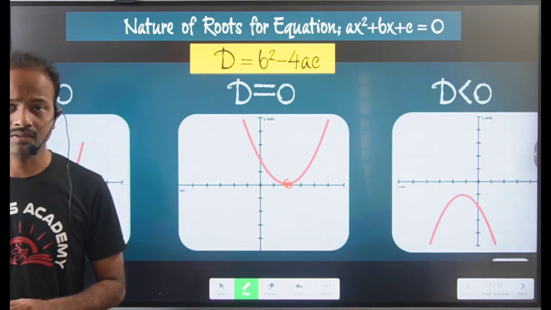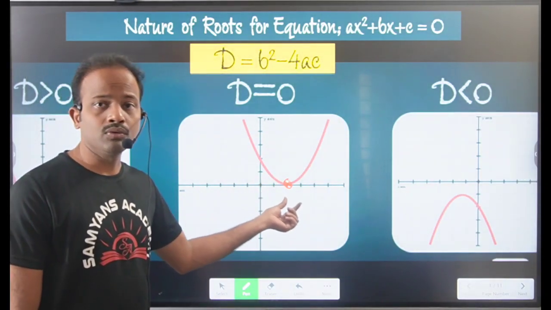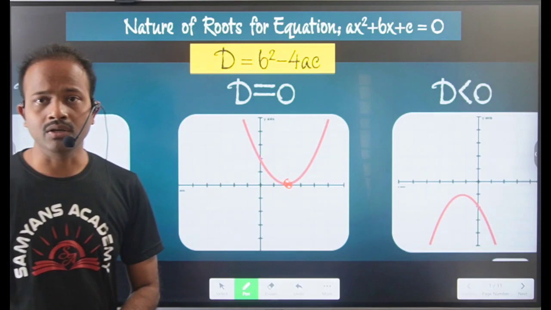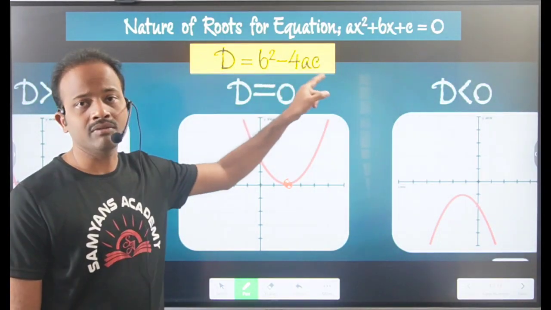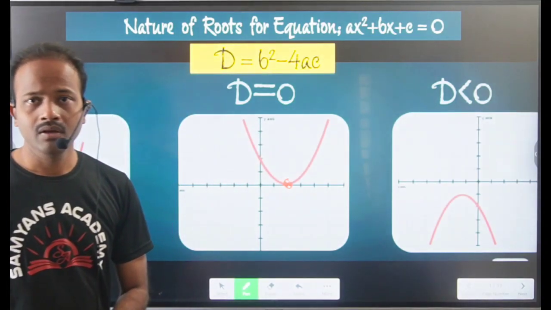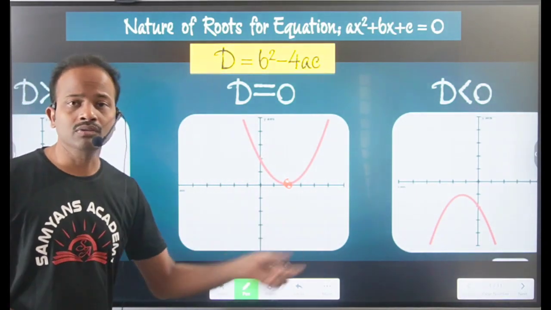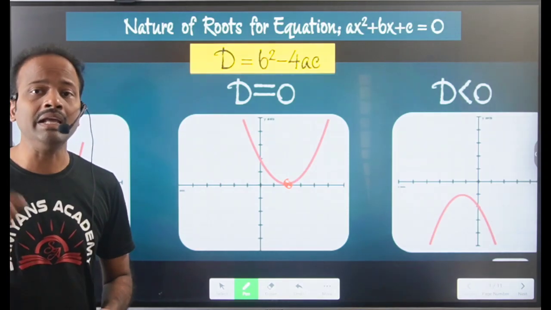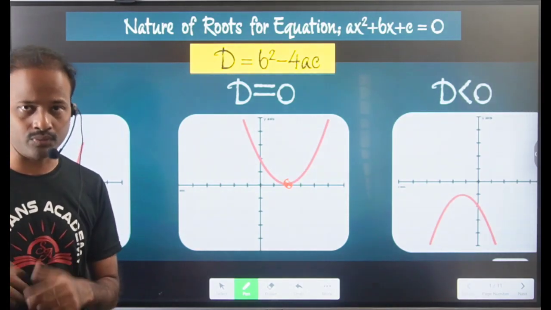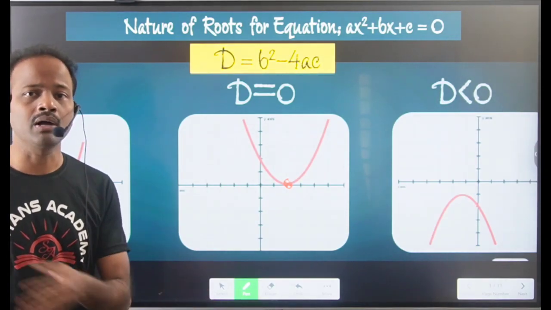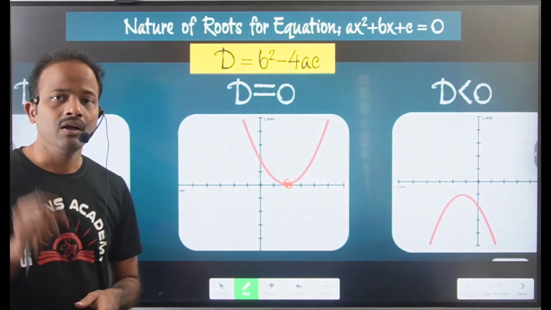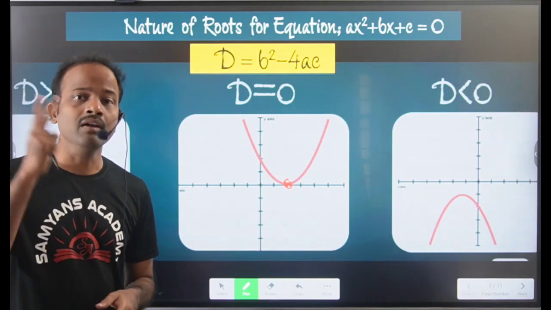Two roots exist, so the two roots are equal here. Two roots exist, but they are equal, like 2 comma 2, 3 comma 3, 1 by 2 comma 1 by 2, minus 1 by 2 comma minus 1 by 2. Like that you will get two equal roots.